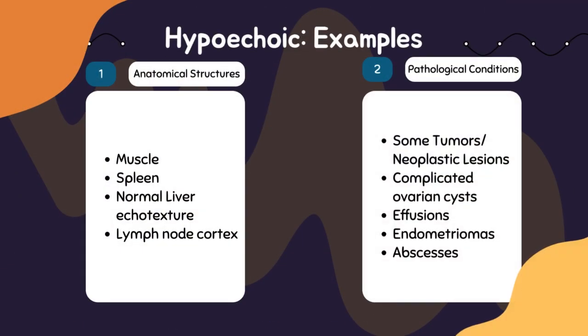Seen in this frame is an extensive but not exhaustive list of hypoechoic structures that will be visualized on the ultrasound image. On the left are anatomical structures, and on the right are pathological conditions which will appear hypoechoic on the ultrasound.